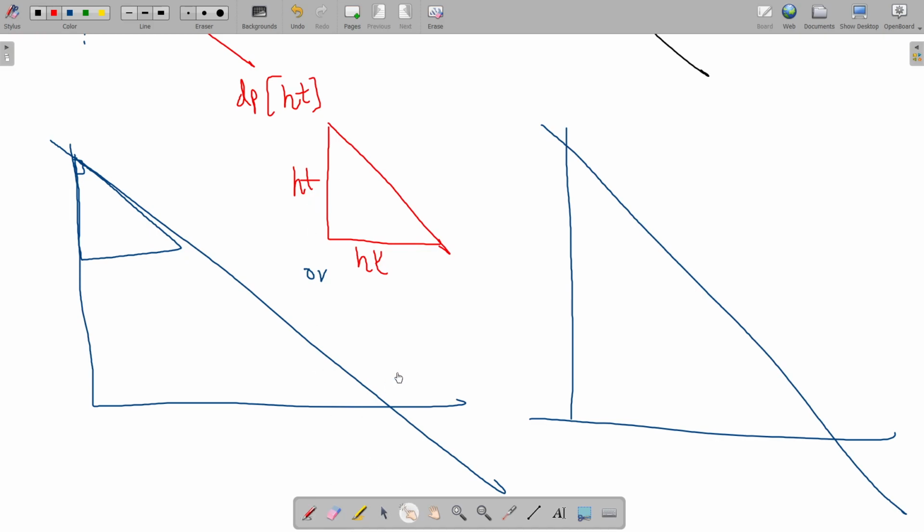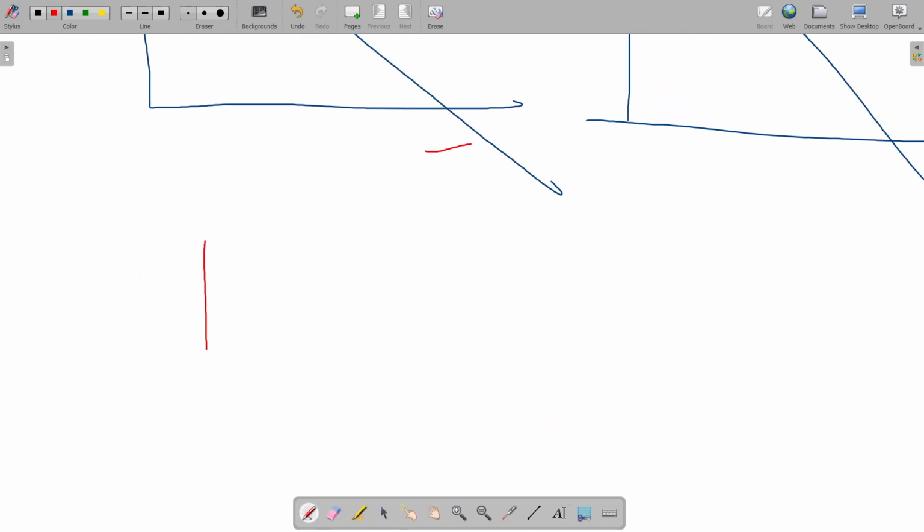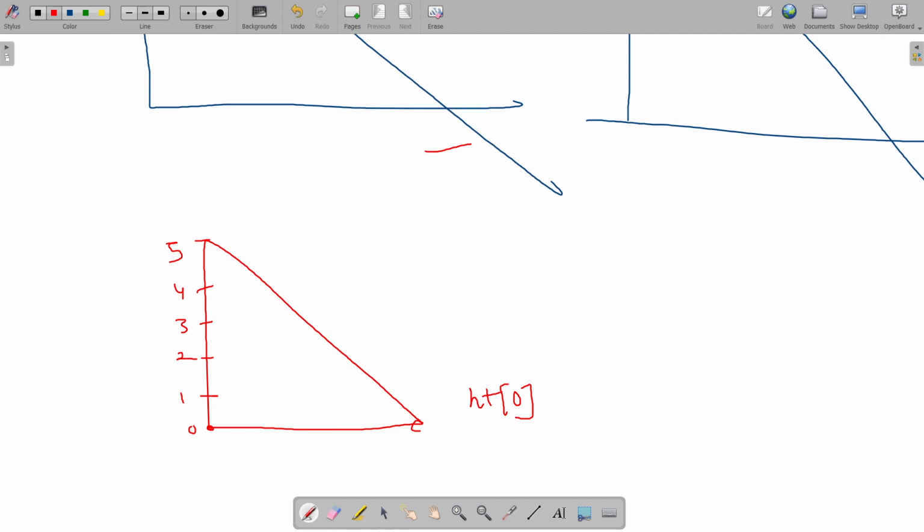So, okay, basically if my side length is 6, so I have 0 1 2 3 4 and 5, then height of 0 will just look at this point, it's a sub isosceles triangle, you can say, of height 0.